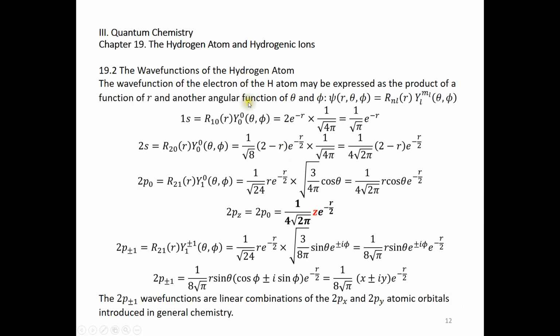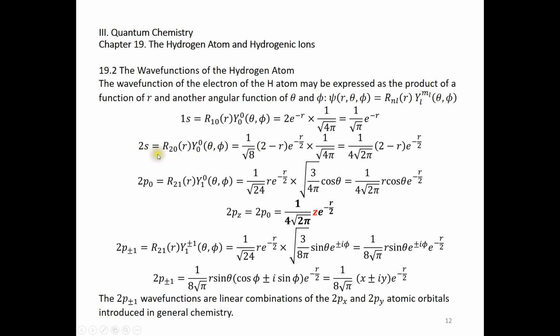The wave function of the electron of the hydrogen atom may be expressed as the product of a function of r and another angular function of theta and phi, so like this. So we're going to do the multiplication. The 1s orbital is the function of r and the function of theta and phi. So we put this together, we get a normalization constant times e to the power of negative r.